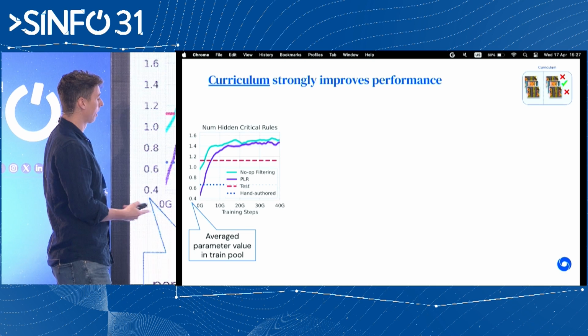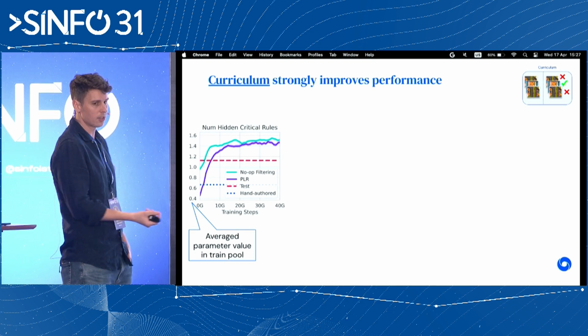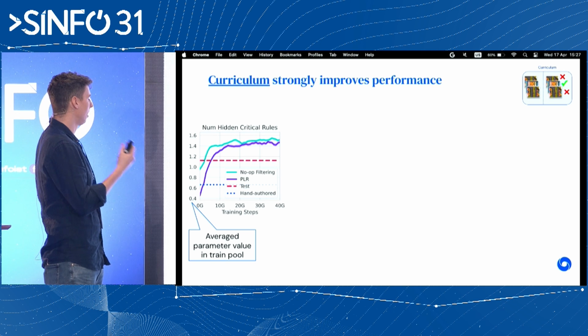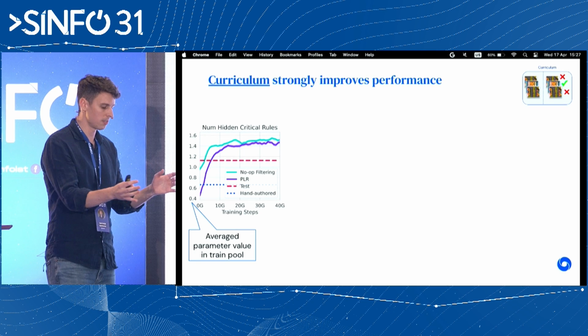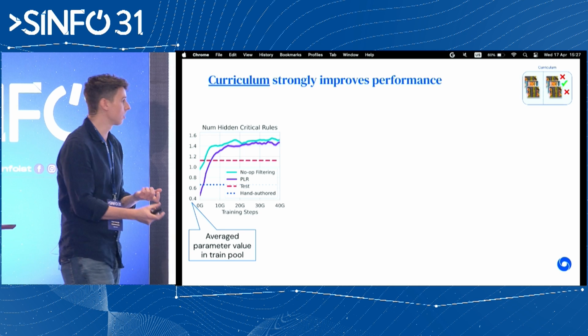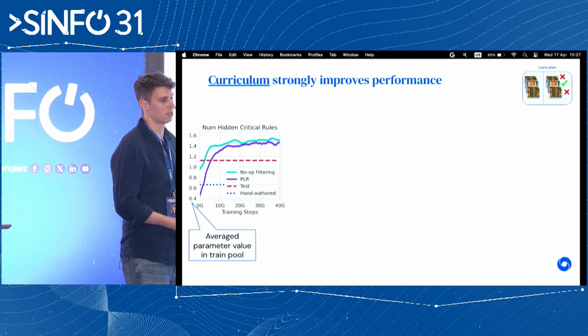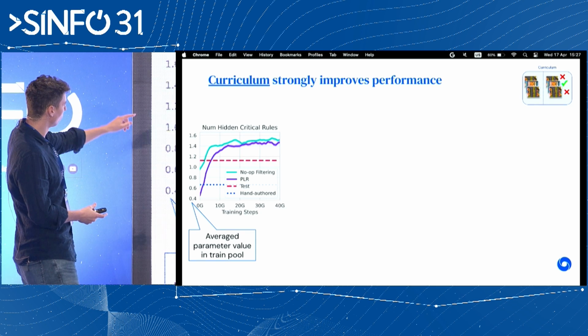Okay, so those are scores and performance, but what does it actually do? Why is it so much better? What we can do is take this training distribution and analyze it. We can see some of the features of the environment, such as the number of hidden rules, the number of trials, etc., and how that evolves over time.